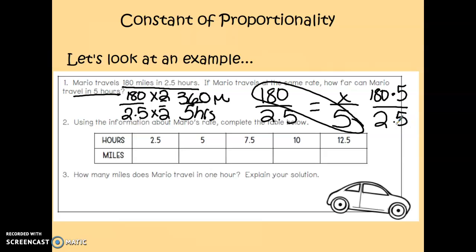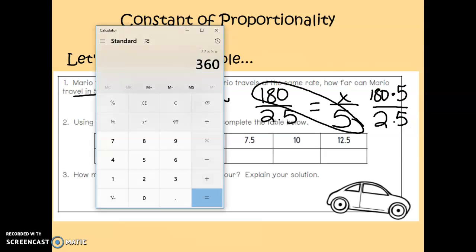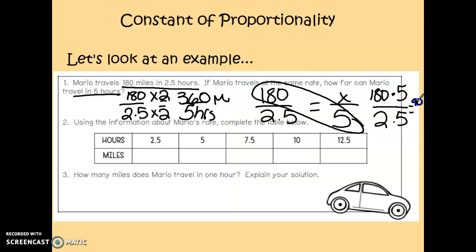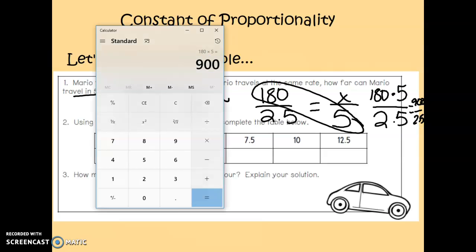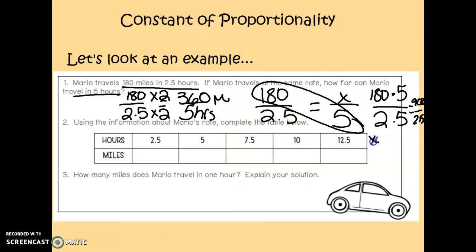So I'm going to grab a calculator, do 180 times 5, and then divide 900 by 2.5. And I get my 360 again. So x equals 360. All of these ways are perfectly okay when you're working with proportions. Sometimes one way is a little quicker than the other, so you can use any of these when you're trying to solve these problems.